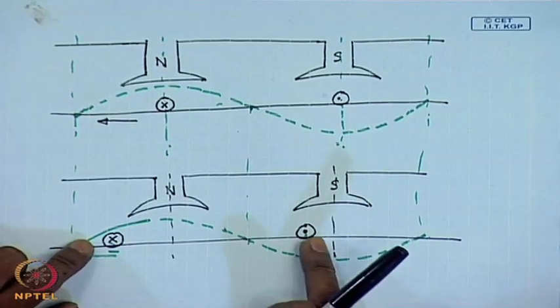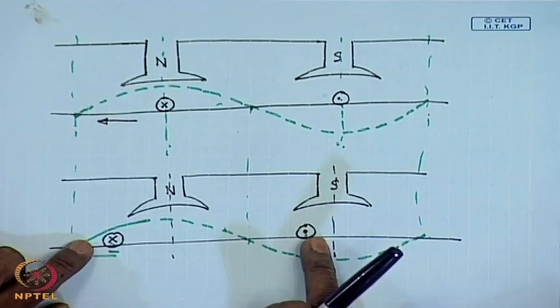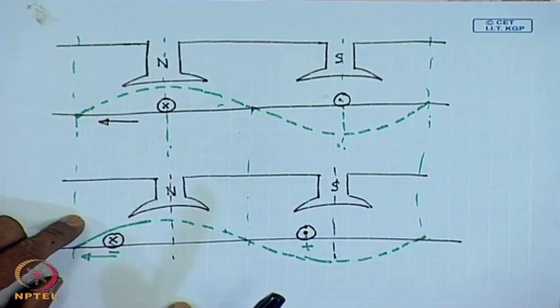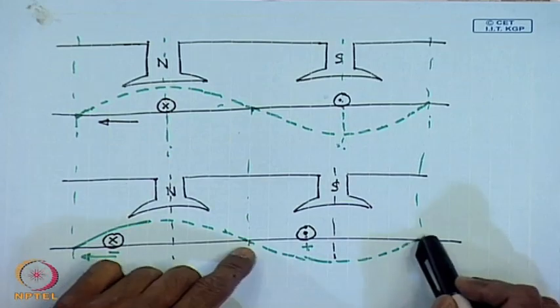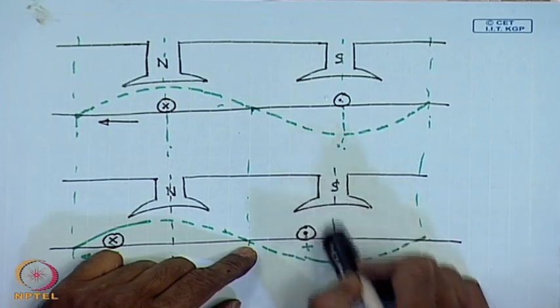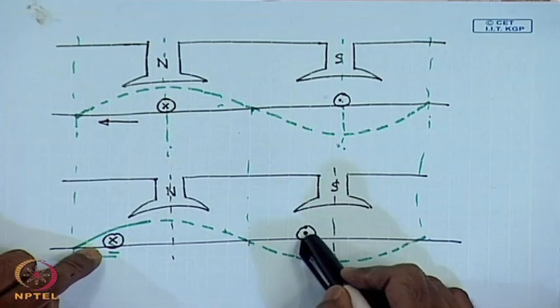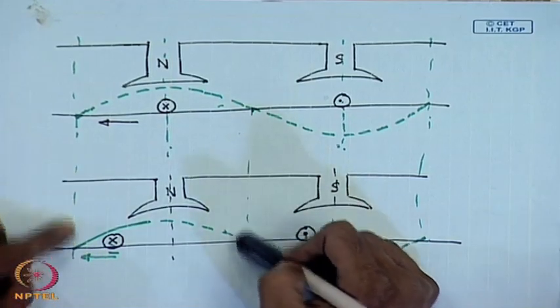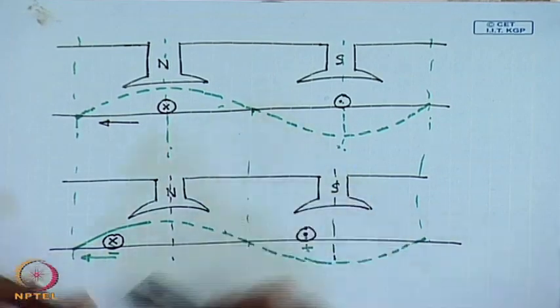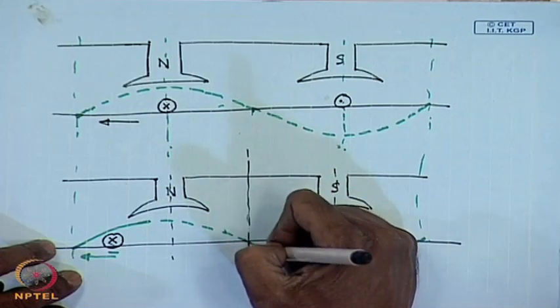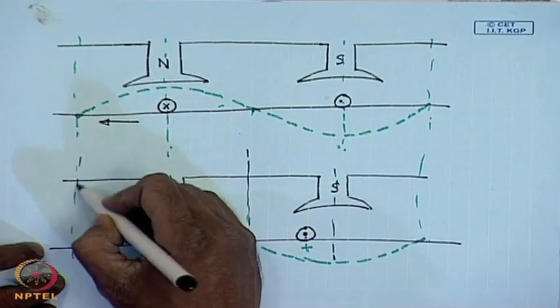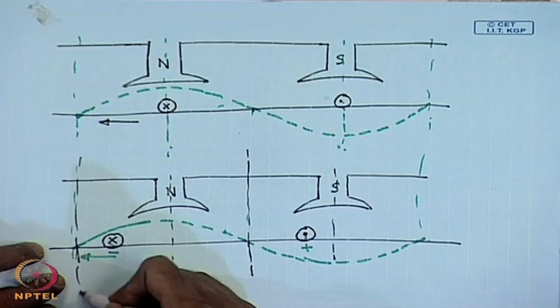That is, the coil axis should be coinciding with the axis of the north pole of the stator or with the south pole of the stator. That is, the coil sides should be at what we call the interpolar region. This is called the interpolar region, which is the middle position between two fluxes.